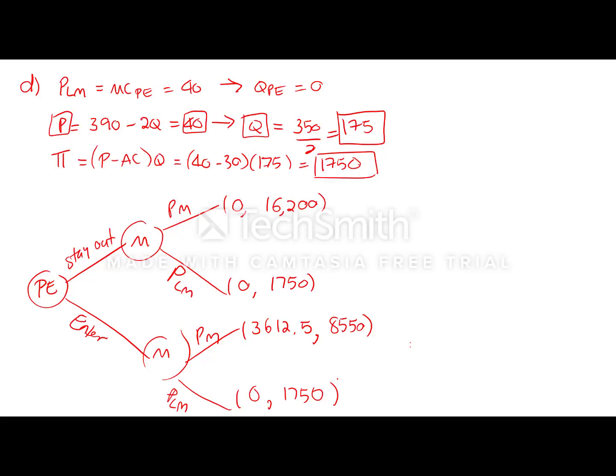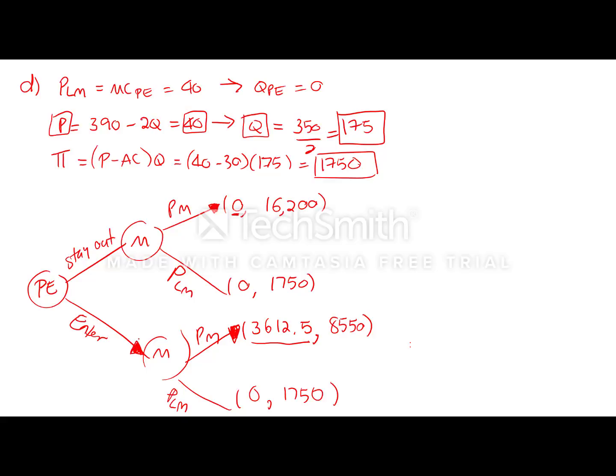With the monopolist, for the top branch, it will choose the monopoly price. For the lower branch, it will choose the monopoly price again. And the potential entrant knows that this game is complete, perfect information. So the potential entrant will look at the two numbers in the front here, 0 and 3,612 and 50 cents, so it will decide to enter.